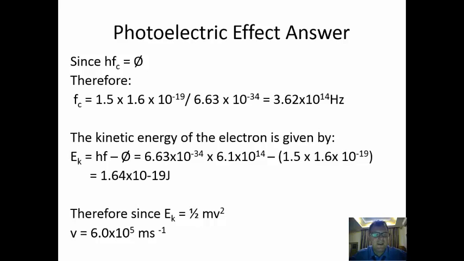This can be calculated using half mv squared, so the velocity of this electron is going to be 6.0 times 10 to the 5 meters per second.